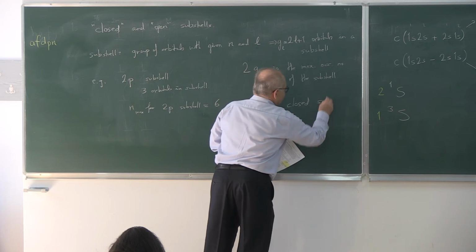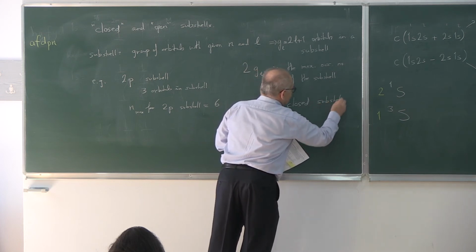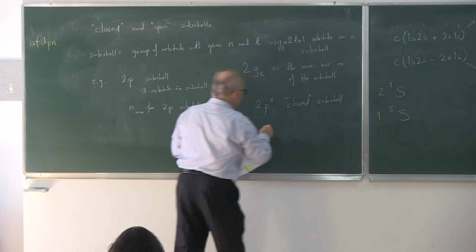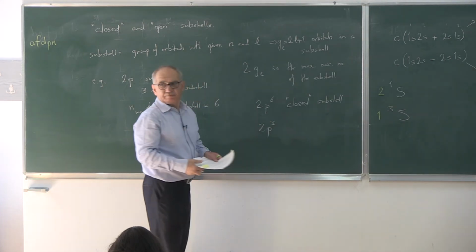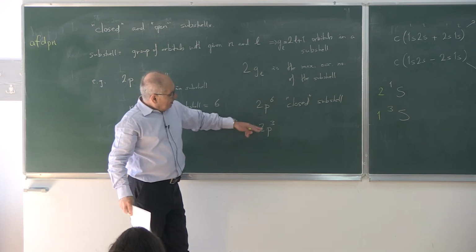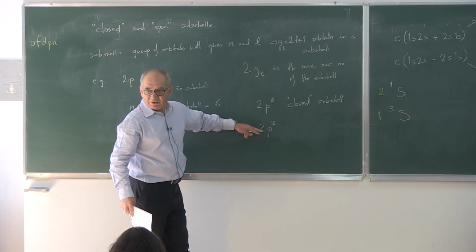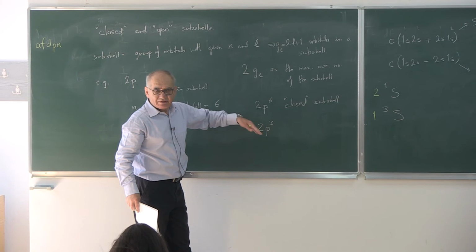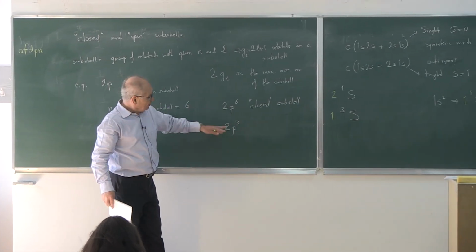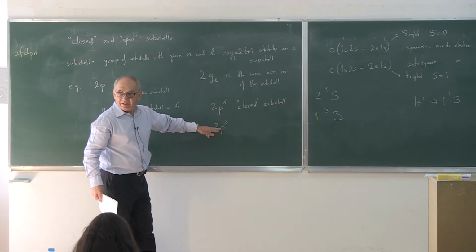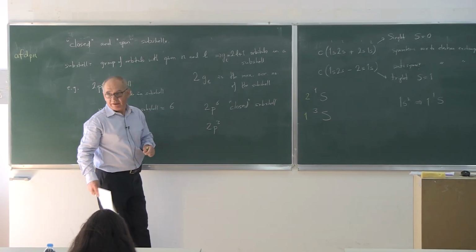Closed subshell. On the other hand, 2p3, 3 electrons in the 2p subshell, and 3 is smaller than the maximum. Such a subshell is called an open subshell.